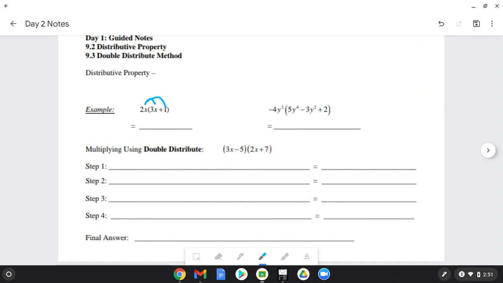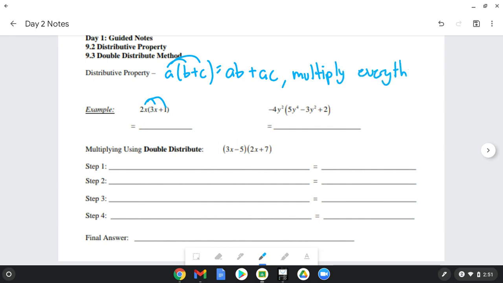So the distributive property definition, they usually use these letters. So we'd have A times B plus A times C. In words, we're multiplying everything on the outside by everything on the inside.